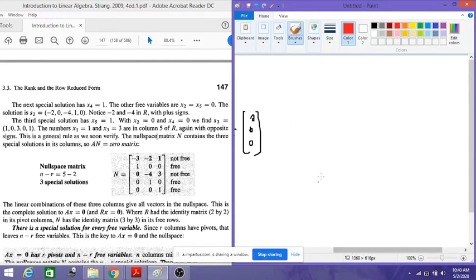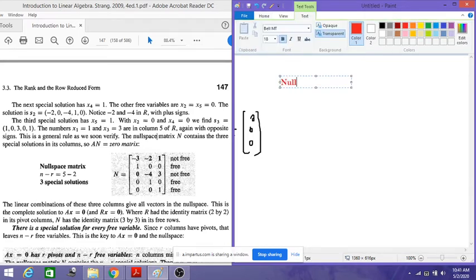So if you write this in the null space matrix, then we can write this as n minus r, which is equal to 5 minus 2. It means we have 3 special solutions.